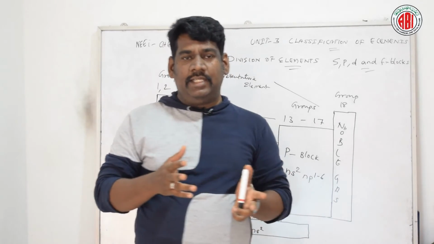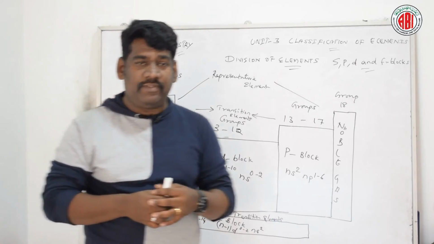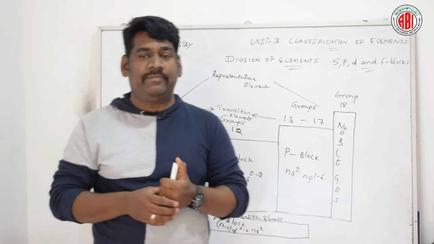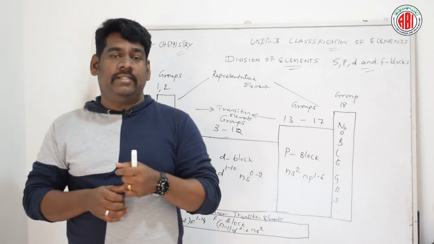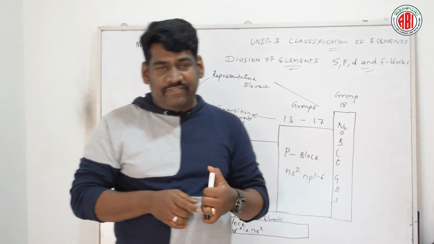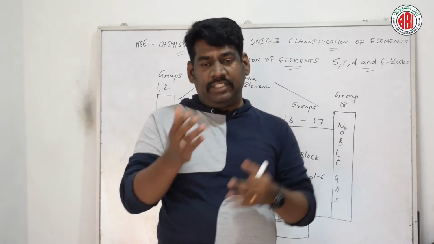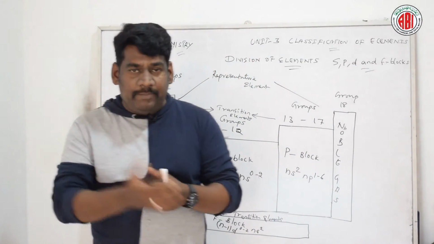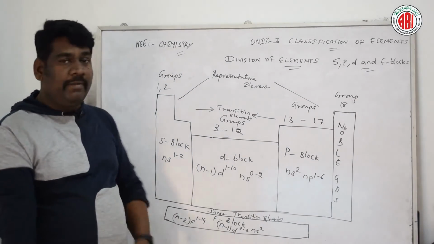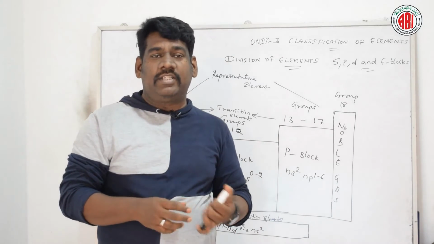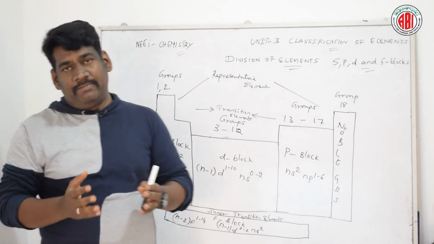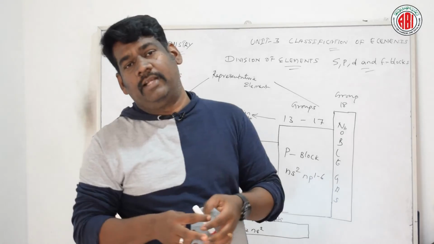Similarly, the second transition series starts from yttrium, atomic number 39, to cadmium, 48. The third transition series contains lanthanum, hafnium to mercury, with atomic numbers 57, 72 and 80 respectively. The final transition series present in the d block is the fourth, starting from actinium, rutherfordium to copernicium, with atomic numbers 89, 104 and 112 respectively.